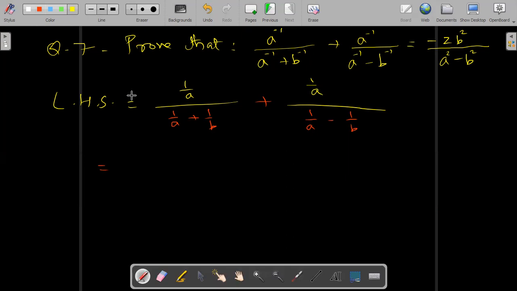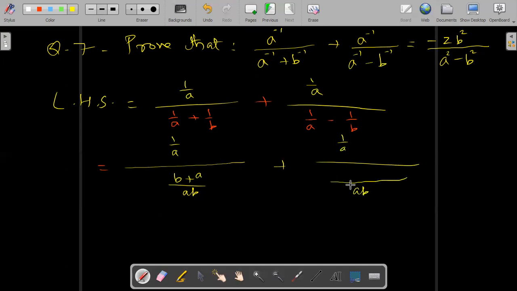We can take the LCM here, so this will become b plus a upon ab, but we have not touched the numerator. So write the numerator as it is. In the denominator we are taking LCM ab, and this will become b minus a.